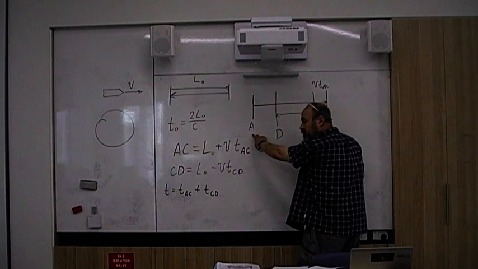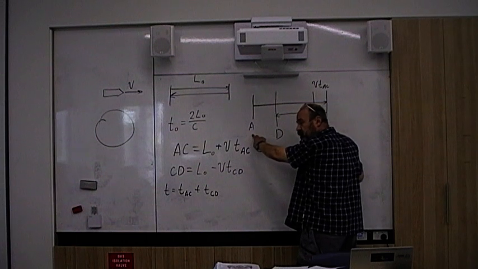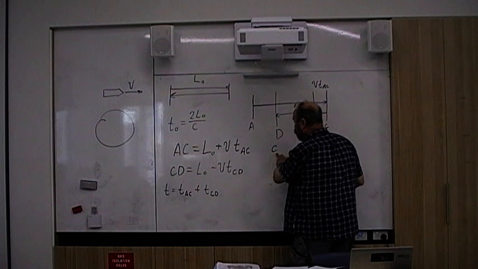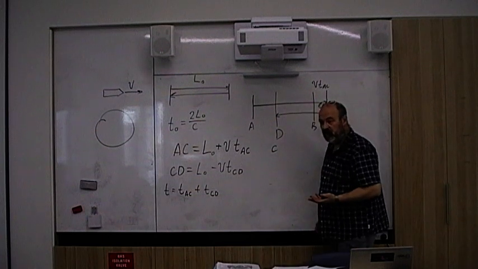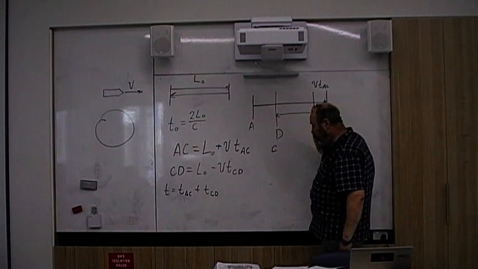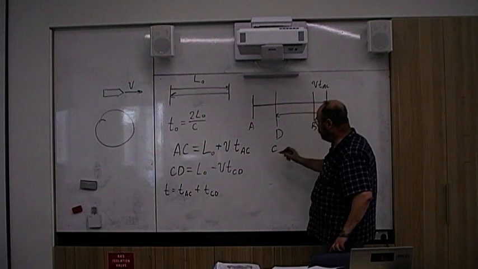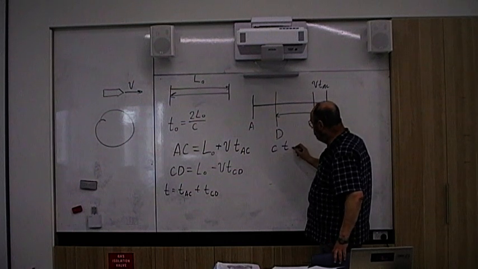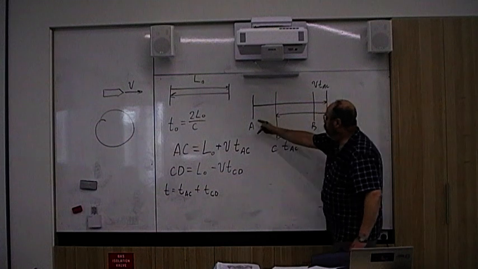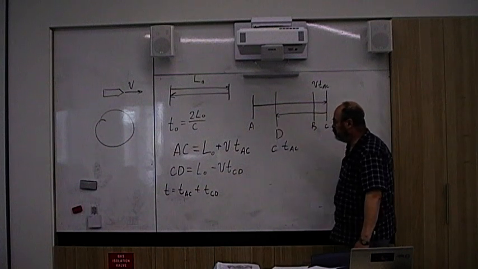We have distance equals speed times time. So the speed of light times T_AC is AC plus CD, times the same time.